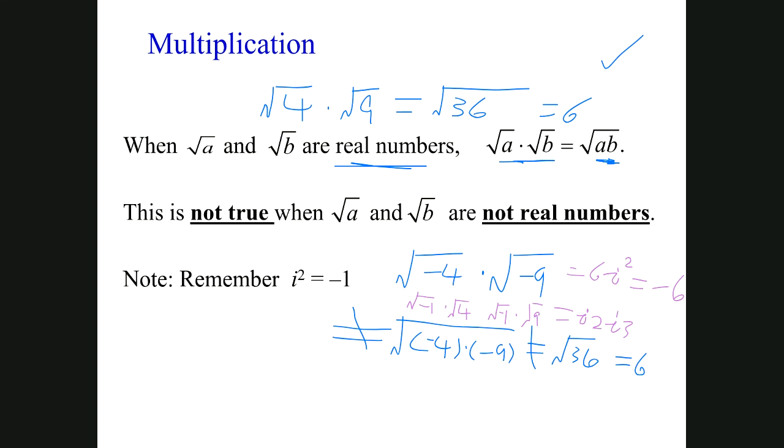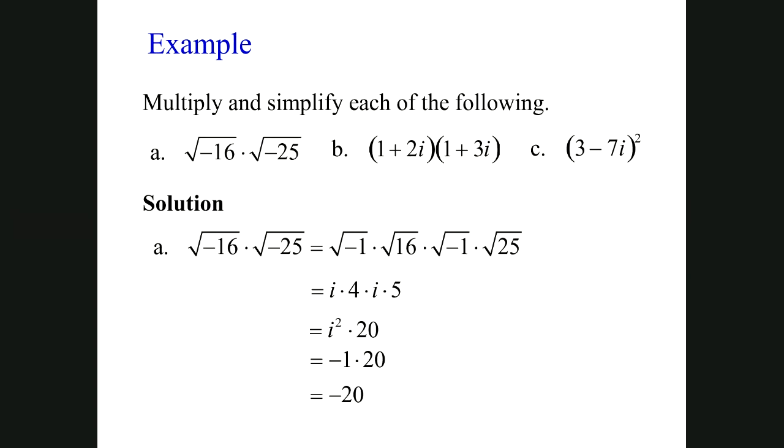If you have a square root of negative 4 and a square root of negative 9, you will have to put a square root of negative 1 separately first before you do the calculation. Okay, this one is very similar in here. Look at that.